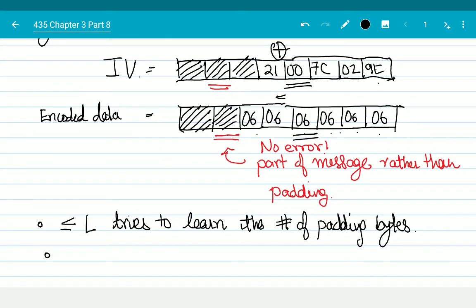And generally this is going to be in bytes. And so you take 2 to the 8, which is 256 tries to learn each plaintext byte.